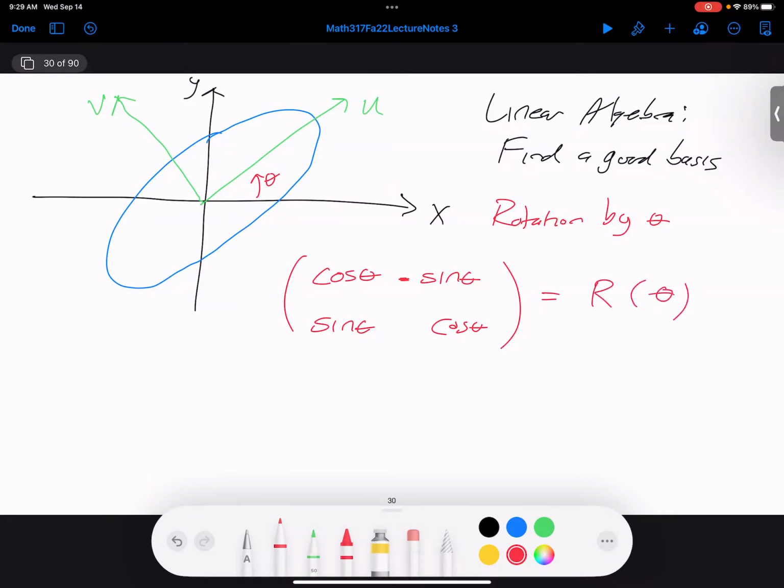It's rotating by theta radians. And if I look at R theta times the vector 1, 0, that's going to become cosine theta, sine theta. And if I do R theta times 0, 1, that's going to become negative sine theta, cosine theta.